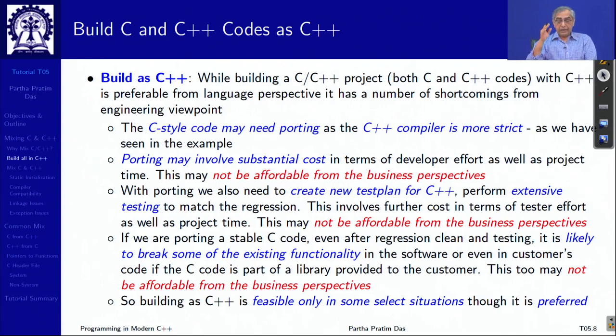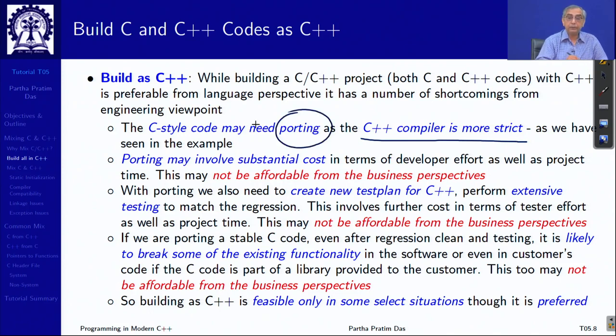Now, there are several issues that happen beyond this technical feasibility of building C code as C++. So, obviously, you have seen the difficulties of building C in C++, because the C++ compiler is simply more strict. So, you cannot just build, you will need what is known as porting.